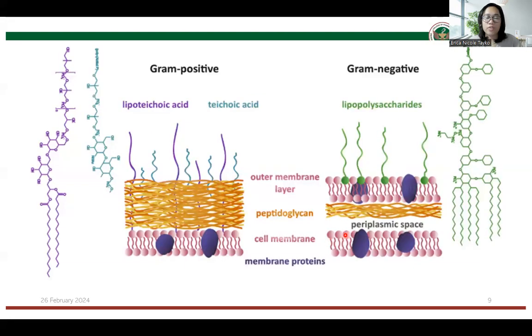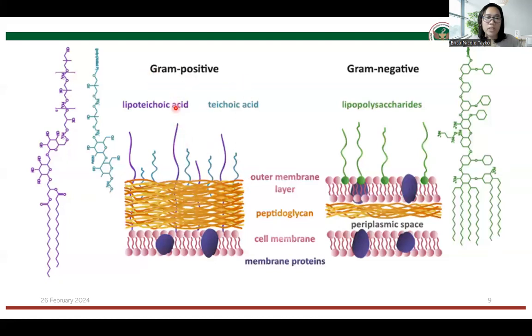So for us to visualize better, what are the characteristics of your bacterial cell membrane that contribute to the overall negative charge of the cell? As you can see, regardless of whether your bacterial cell is gram positive or negative, generally it is negatively charged. Why?